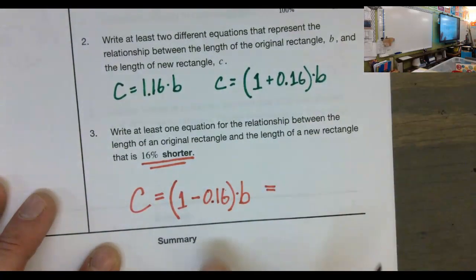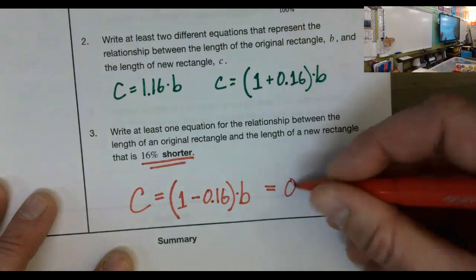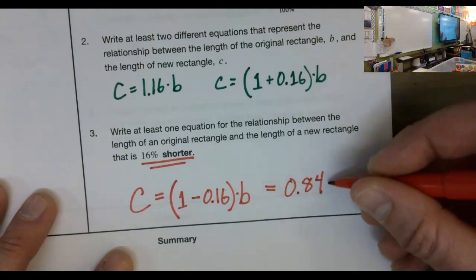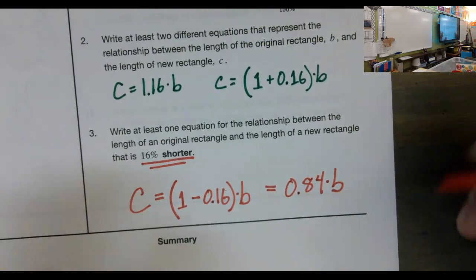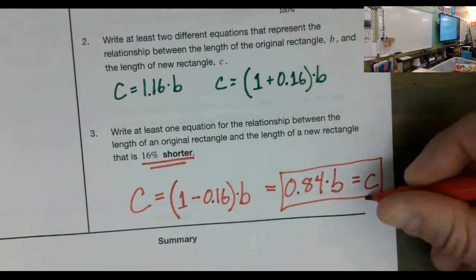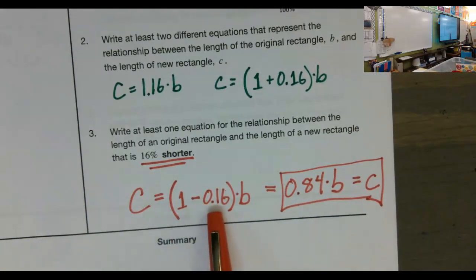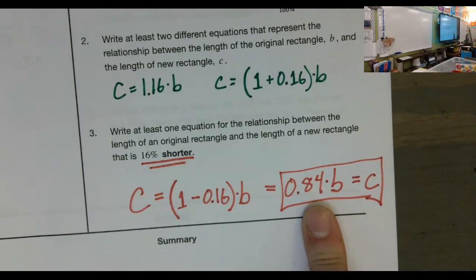Or if we want to do that in one step, if you get 16% shorter, what percent do you still have? 0.84 times whatever we had to start would give us our new length. And that feels like the most efficient way. The other works, it's just a little bit slower. Combine into a single percent, write it as a decimal, and then calculate.